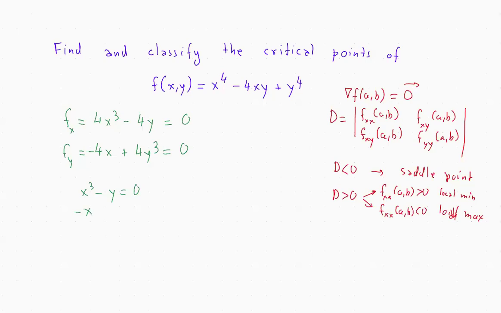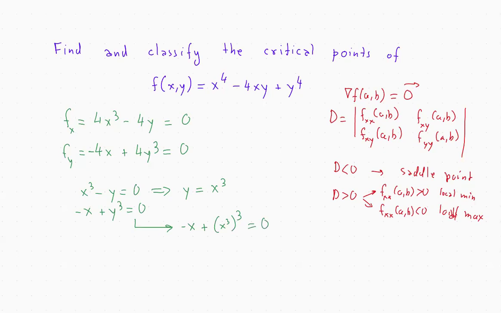So the first equation can give us y is equal to x cubed. And once we know that y is equal to x cubed, we can plug it into the second equation, and that will give us minus x plus x cubed cubed, is equal to 0. So altogether, this gives us x to the 9th minus x is equal to 0.